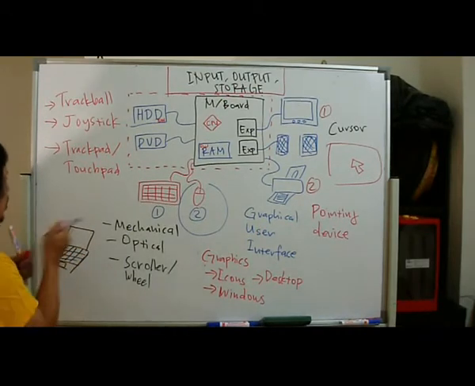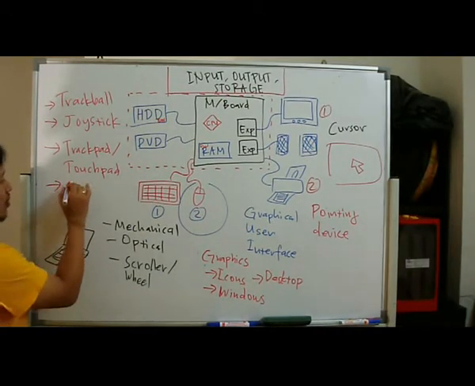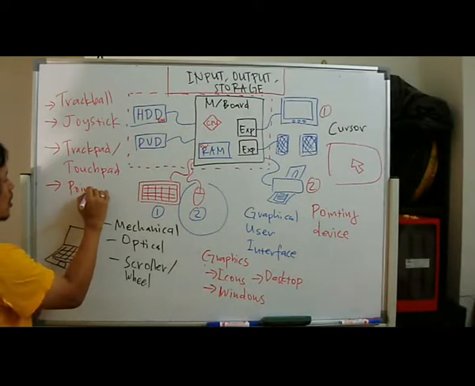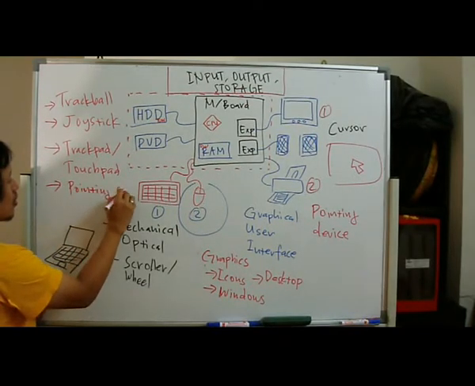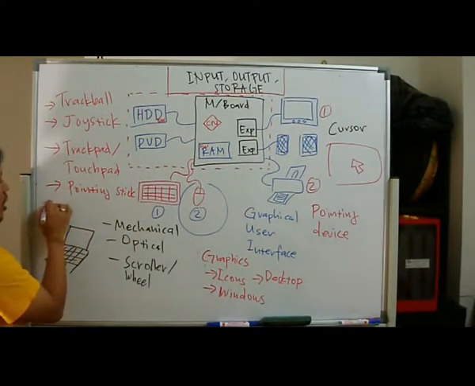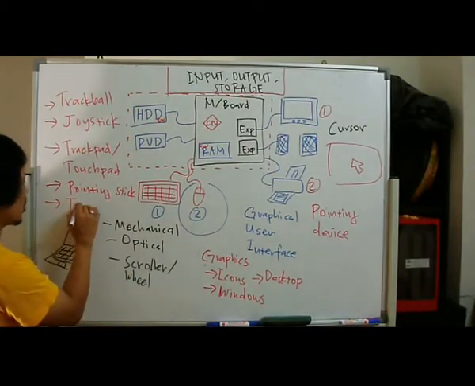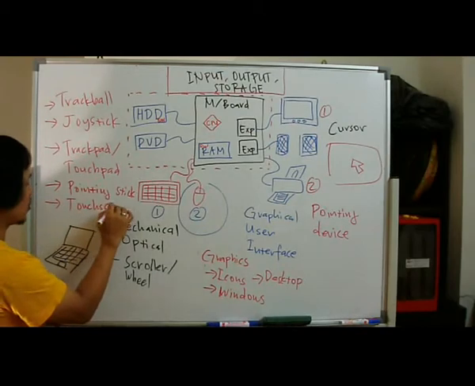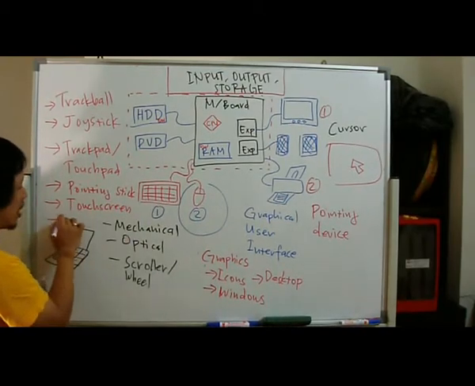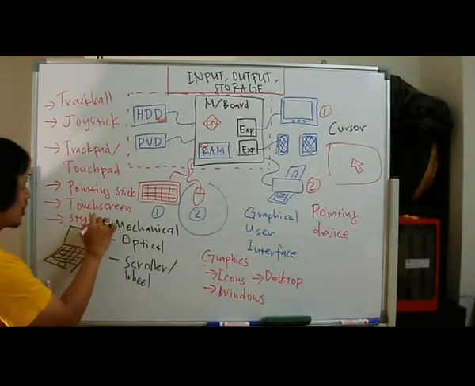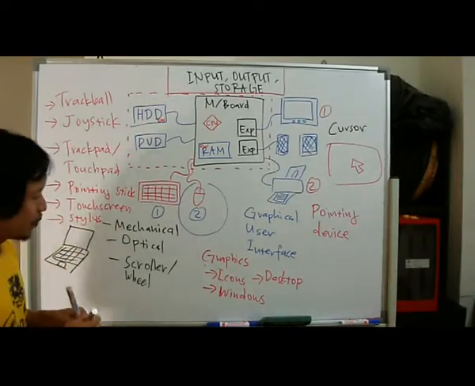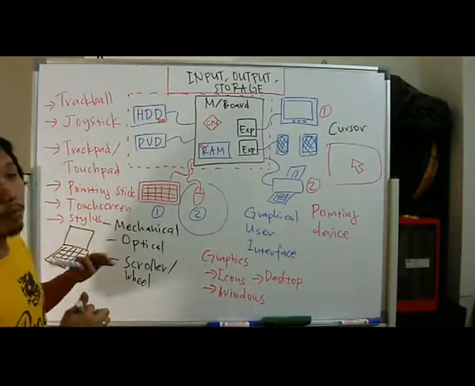You also have the pointing stick. You can refer to your slide for this. Right. Needless to say, you might be using a tablet in which you might be using a touch screen and or a stylus, and these are all different types of pointing devices.